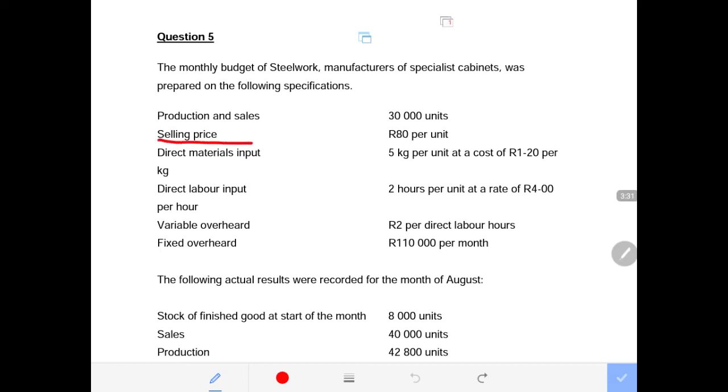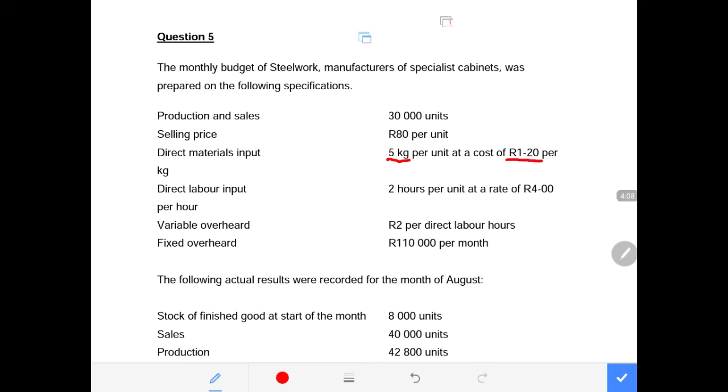The selling price is budgeted to be 80 Rand per unit, and the direct materials input is 5 kgs per unit, at a cost of 120 cents per kg. That means for one product that this company manufactures, the company expects to use 5 kgs of material in order for 1 unit to be complete.